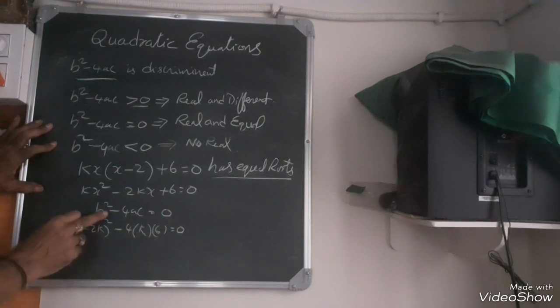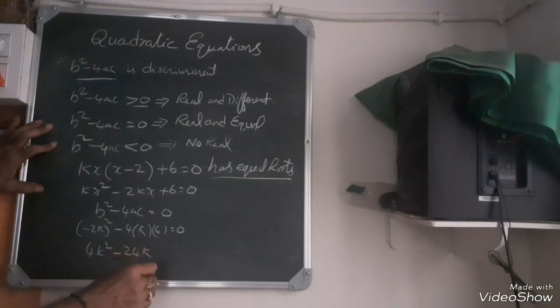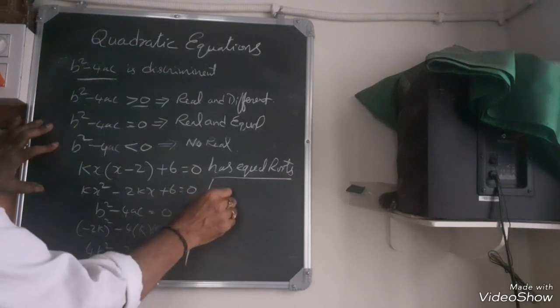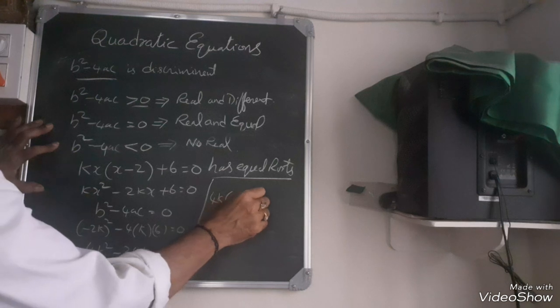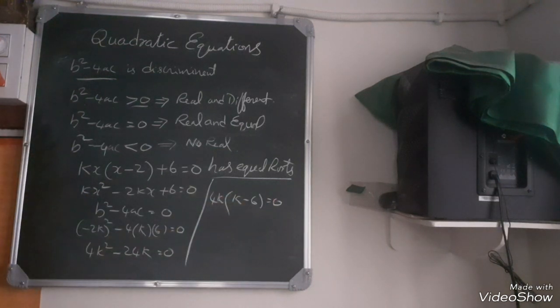Then minus 2k whole square we get 4k square, minus 4k into 6, minus 24k, equal to 0. Here if you take 4k as common, we get k minus 6. We did factorization here. 4k you take common, remaining k, and 4 into 6 is 24.